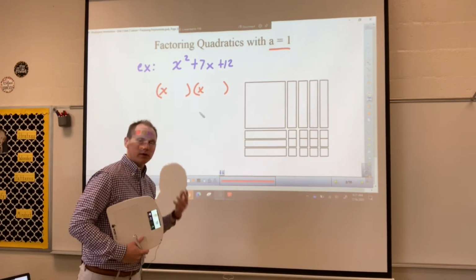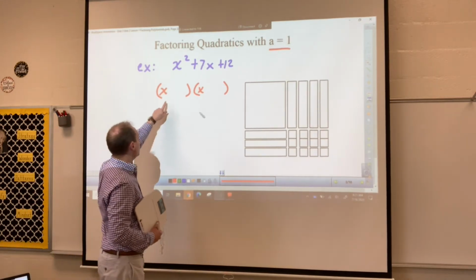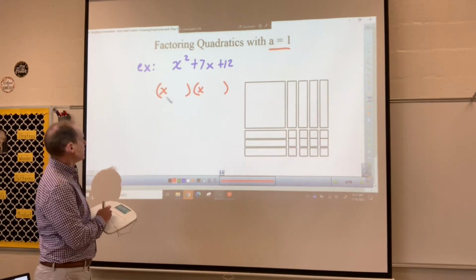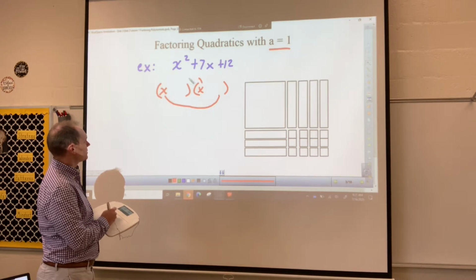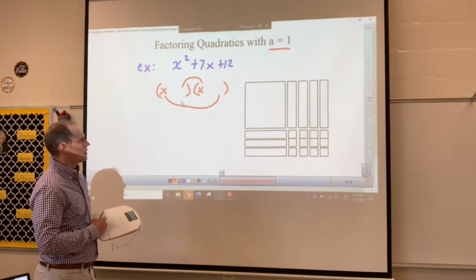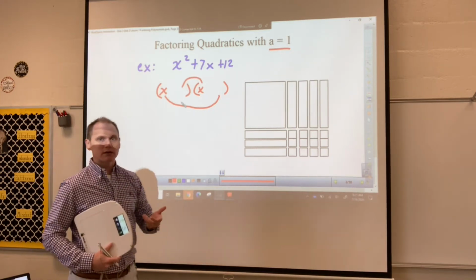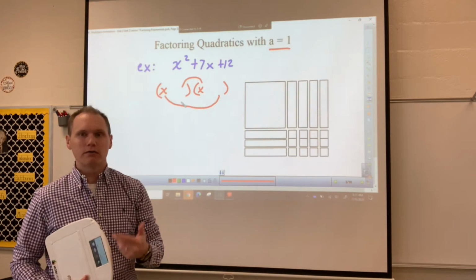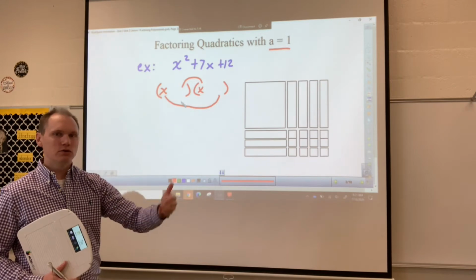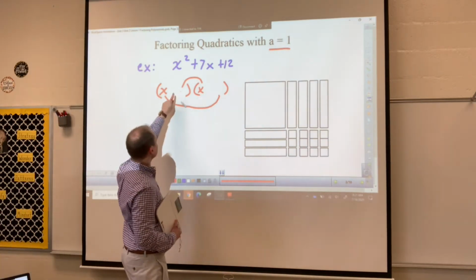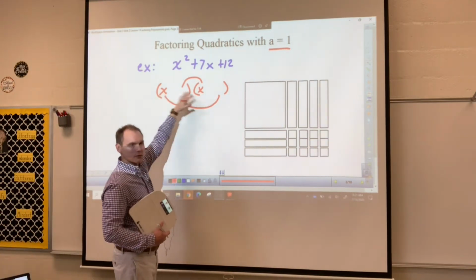And then if you think about distribution even further, we're going to have x times this last term, and then this x times this last term. And both of those are going to give us a linear factor of x. So you might have like 5x and 4x, or 3x and 2x, or something like that. Regardless, these are going to be like terms when we finish multiplying this out.